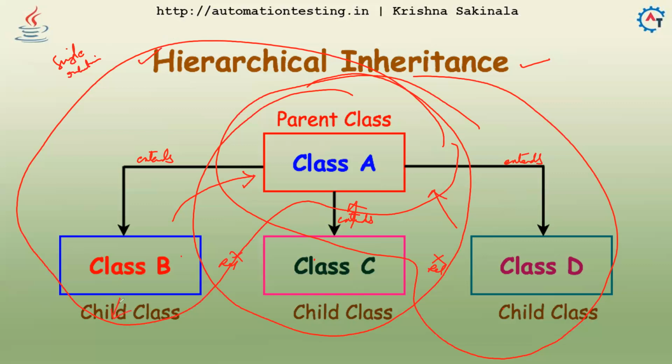From here, you can have class E that extends class B, and class F as well. There is no limit. But at a high level, hierarchical means a single class with multiple classes extending the same class. These three types of inheritance are available in Java.